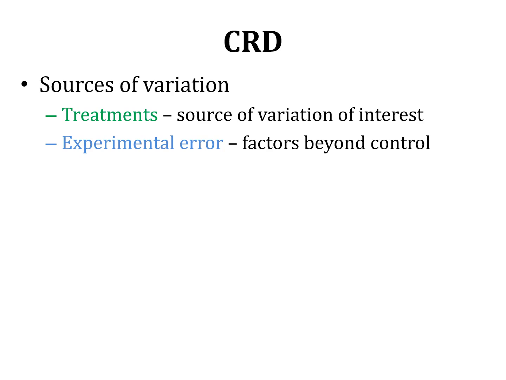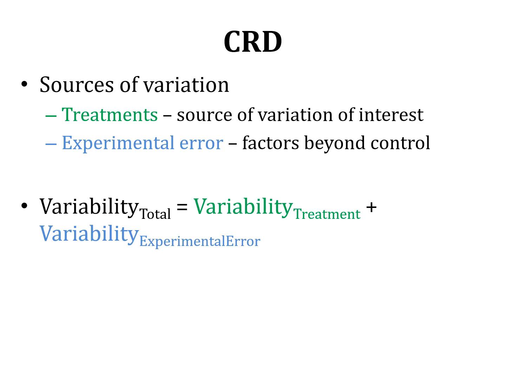So the effective source of variation in CRD is the treatments, and the other source of variation, which is reduced to a minimum, is not an effective source of variation; that is considered the experimental error. So these are the two main sources of variation in CRD.